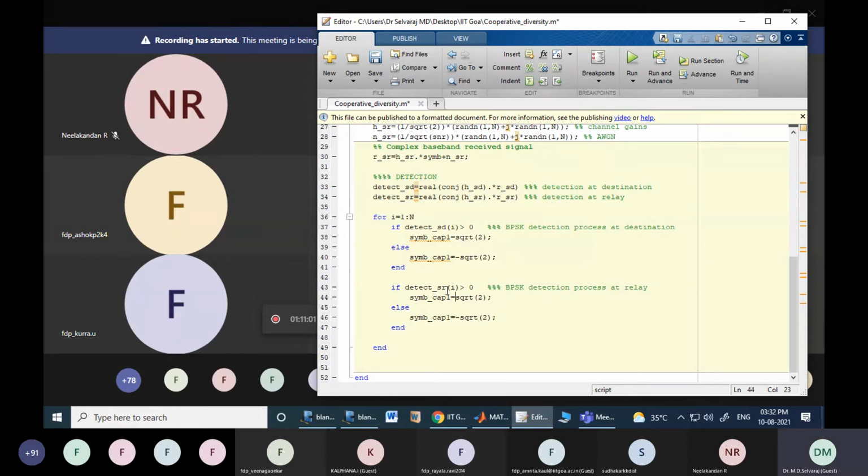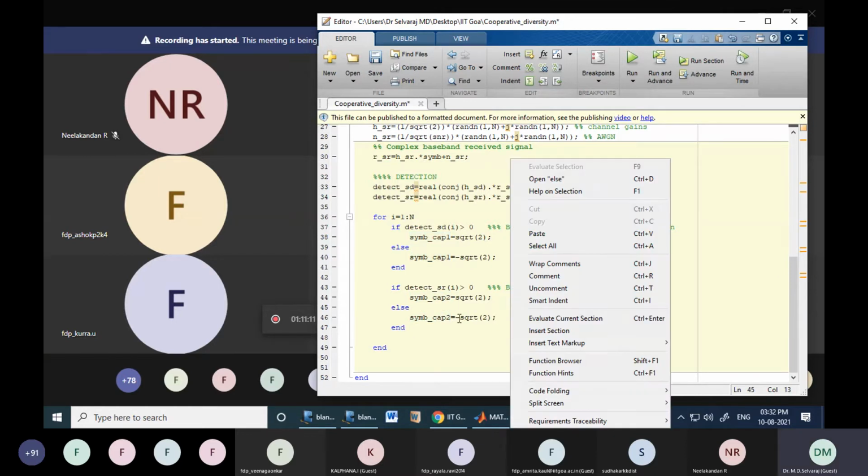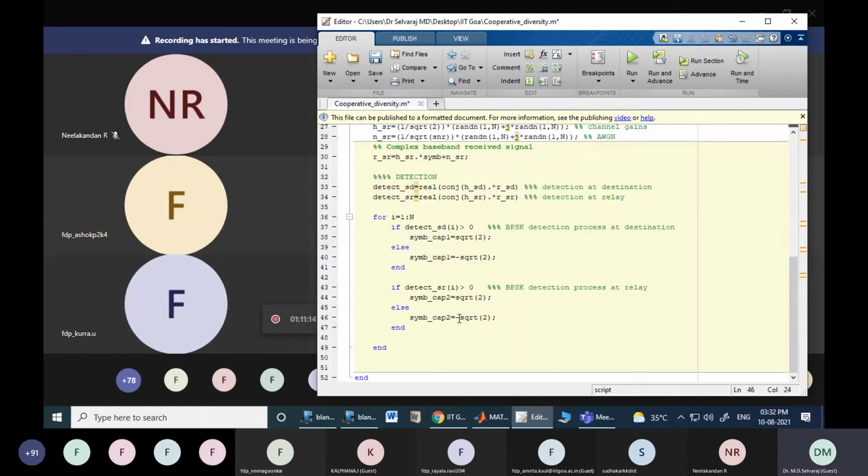This is symbol cap 2 because we name it for the relay case, so let us put it as cap 2. Okay, so we have done this. Minus also we have put, yes.